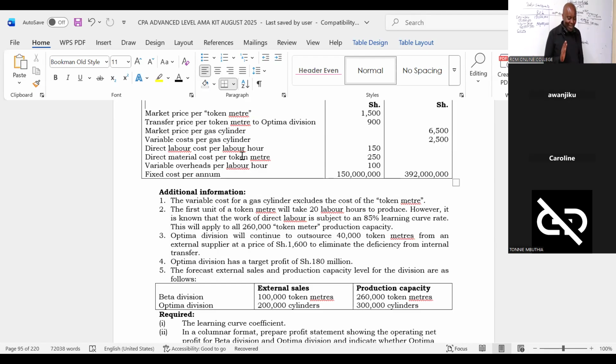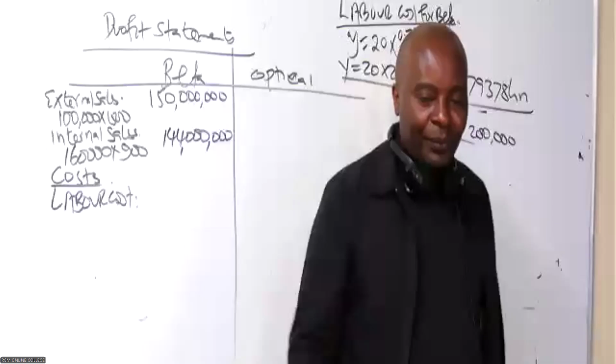Optica. The very first expenditure applicable to beta is which one? Direct labor cost, isn't it? Yeah. So give me labor cost. And labor cost, of course, you shall take something times something. So I'll take 150 per labor hour times the number of hours.